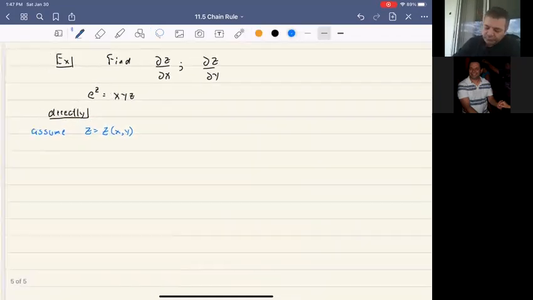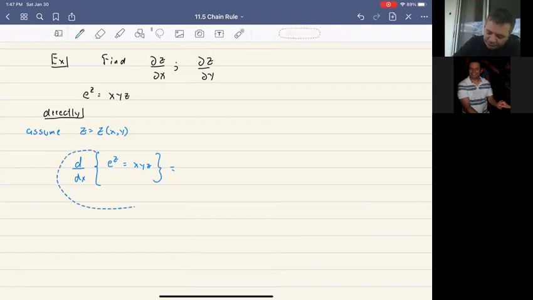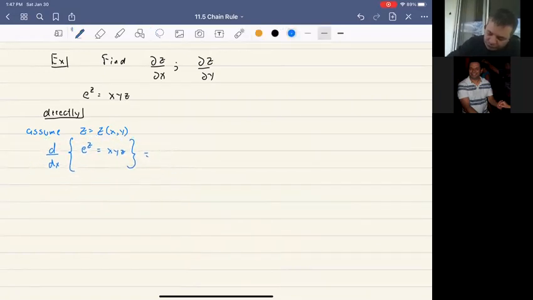Taking the derivative with respect to x of both sides, that equals e to the z times partial of z with respect to x, that's the derivative with respect to x, equals, on the right-hand side, we're going to have the derivative with respect to x.